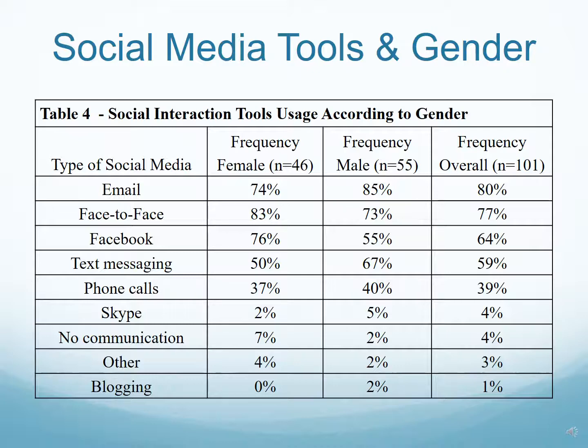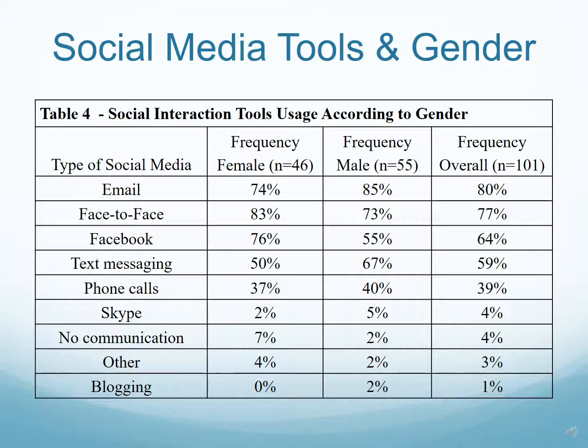74% of female students communicate using email, while this frequency is 85% among male students. More female students will opt for the face-to-face approach, while only 73% of male students will use this approach.